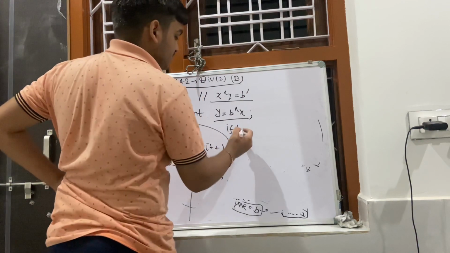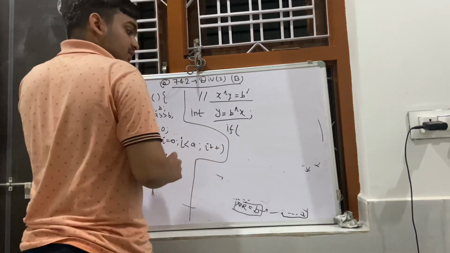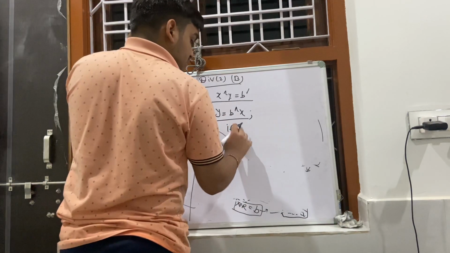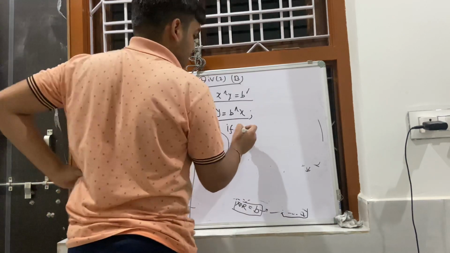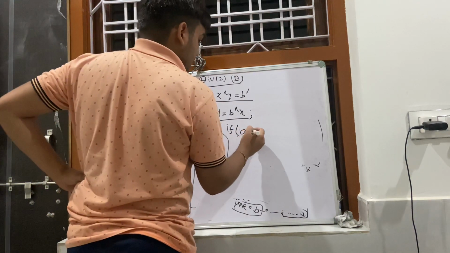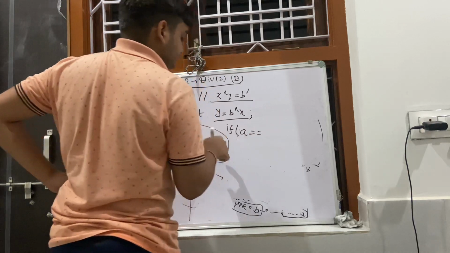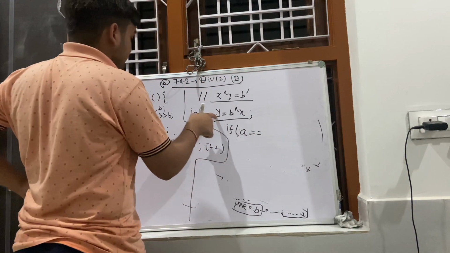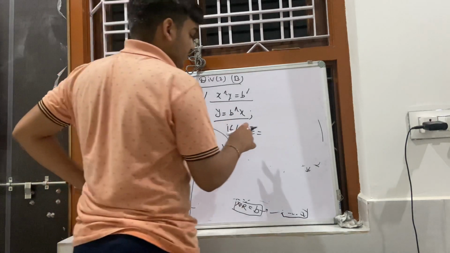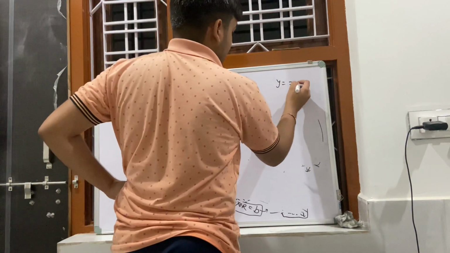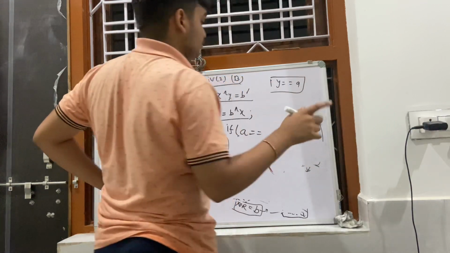If y comes out as the value of A, which is what we discussed, if the values of y and A are the same, then I need to add two more elements.